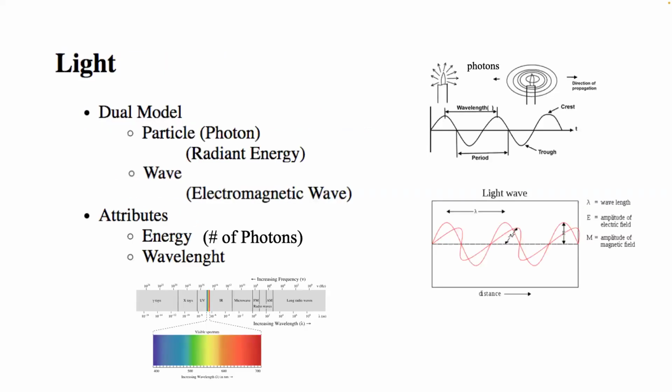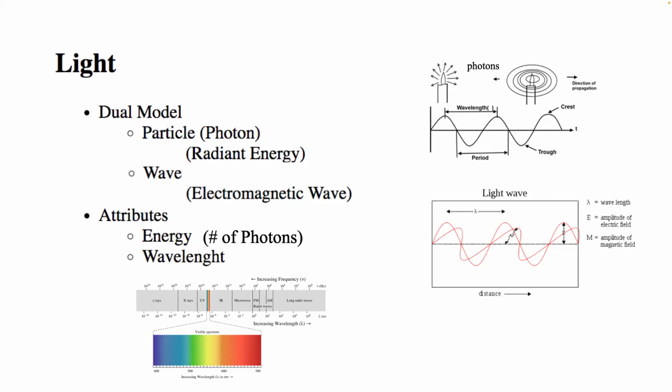Okay, so starting with light, light has a dual model, because we can study light either as a particle or as a wave. So the light actually is made up of these particles that carry radiant energy. So these are the photons. But these photons, they travel and they oscillate.